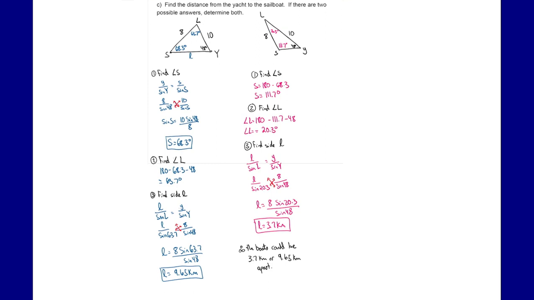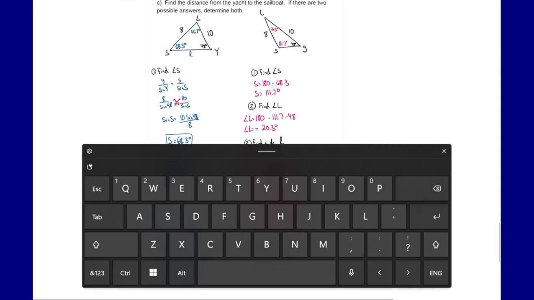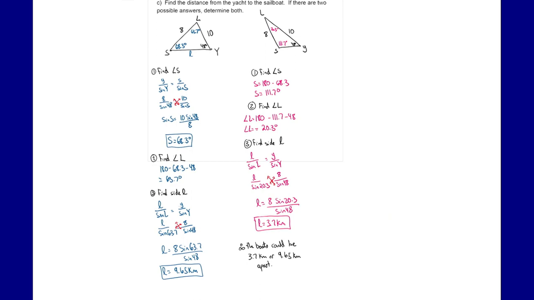So again, this was just looking at specific scenarios with our sine law formula for triangles. Depending on what information we're given, we might have the ambiguous case, which means we have two possible angle measures, which would in turn give us different side measurements as well.